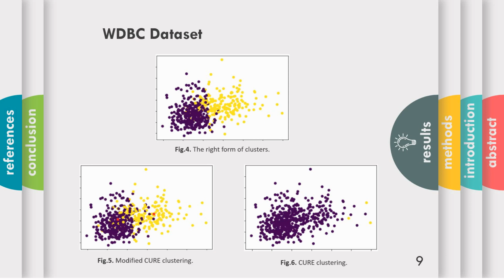The reason for its better performance is that it didn't merge the 2 main clusters, unlike the traditional CURE algorithm, and the 2 red points in Figure 5 display the cluster centers, which are not applied in the traditional CURE algorithm.